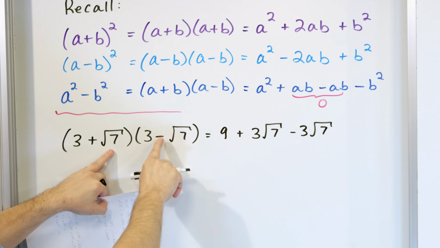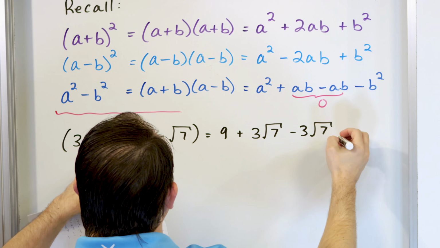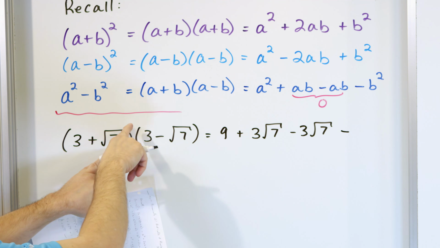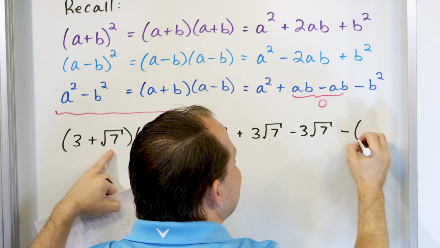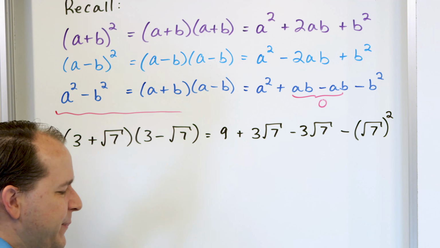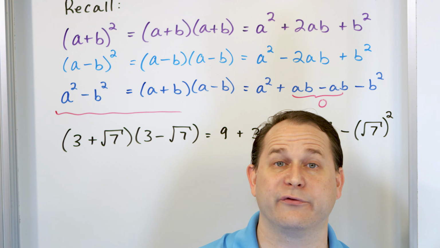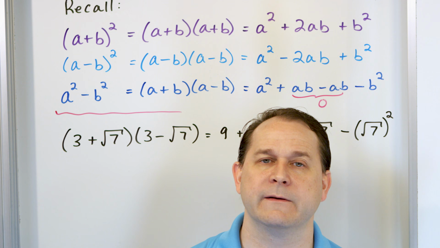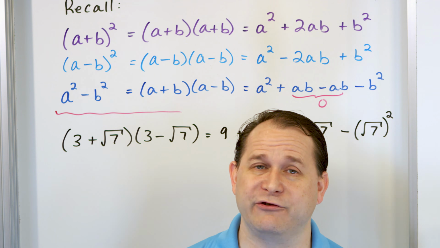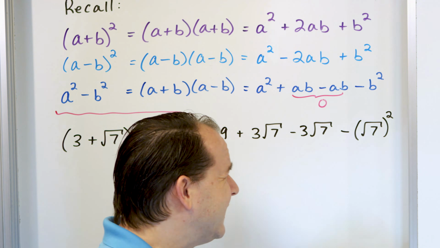And then the last term, you have a negative times a positive, so you're going to have a negative. But what you're multiplying is square root of 7 times the square root of 7. I'm going to write it like this: square root of 7 quantity squared. One of the biggest things I think students do with radicals when you're squaring things and simplifying things is you try to do too many things too fast. You try to skip steps because you don't want to write anything down. It happens a lot.